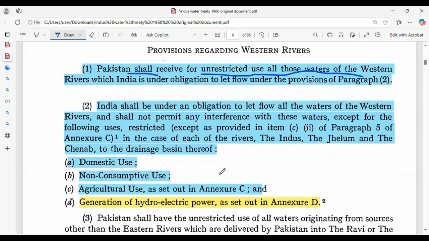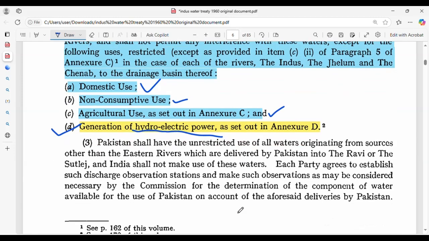But there are some exceptions as well. The first one is domestic use, that India can use the water for domestic use, non-consumptive use, agricultural use, and the most important is generation of hydroelectric power, which means we can use the water of these rivers, the western rivers, for hydroelectric power.